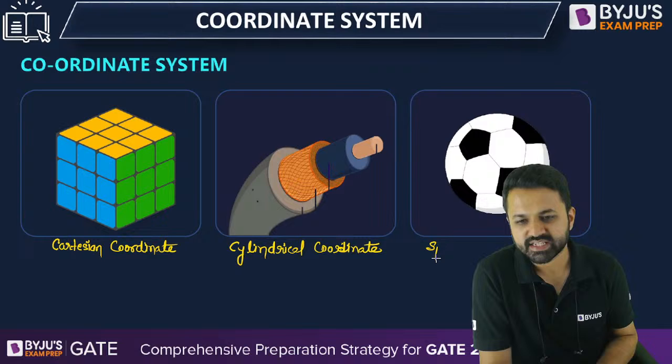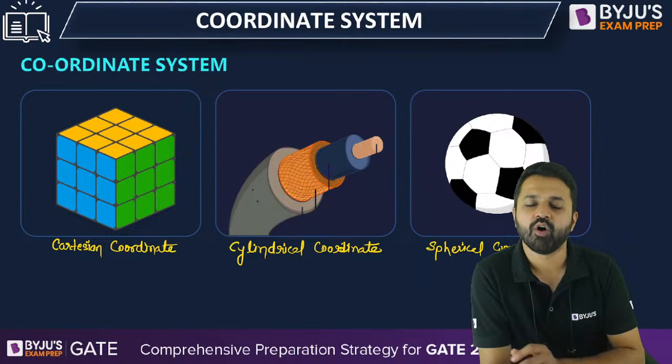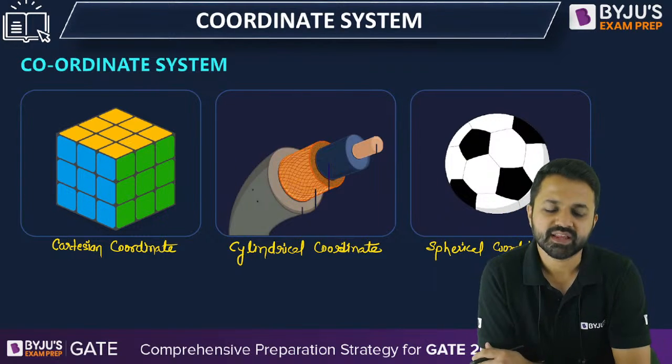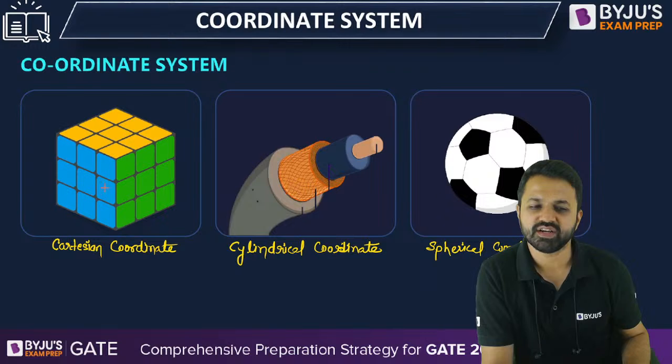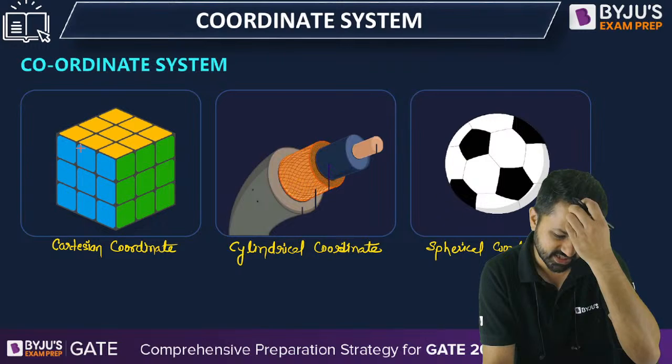The third coordinate system is the spherical coordinate system, which you can compare with a football. So we have three different coordinate systems, and one by one we will discuss them and their relationship with each other in today's session.